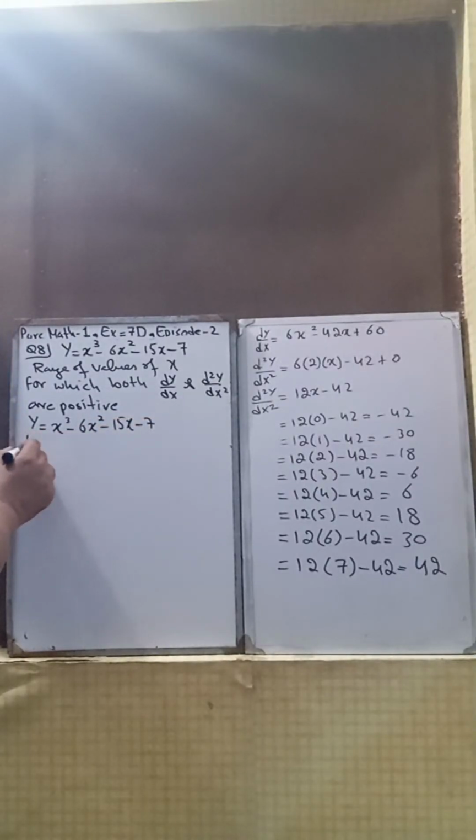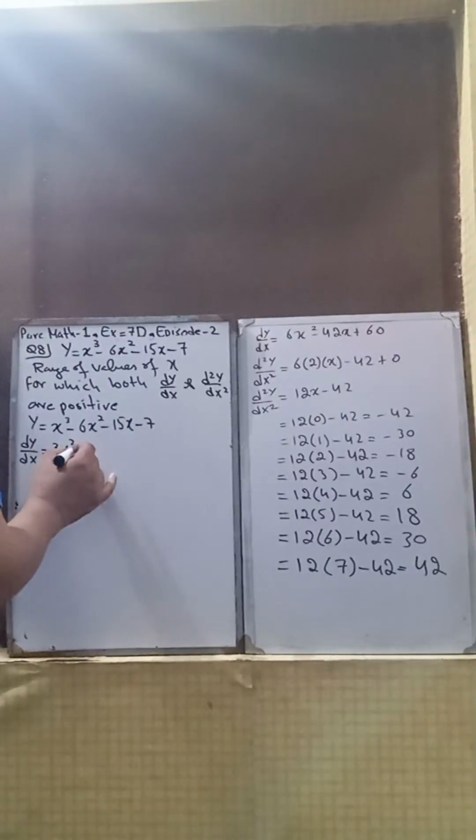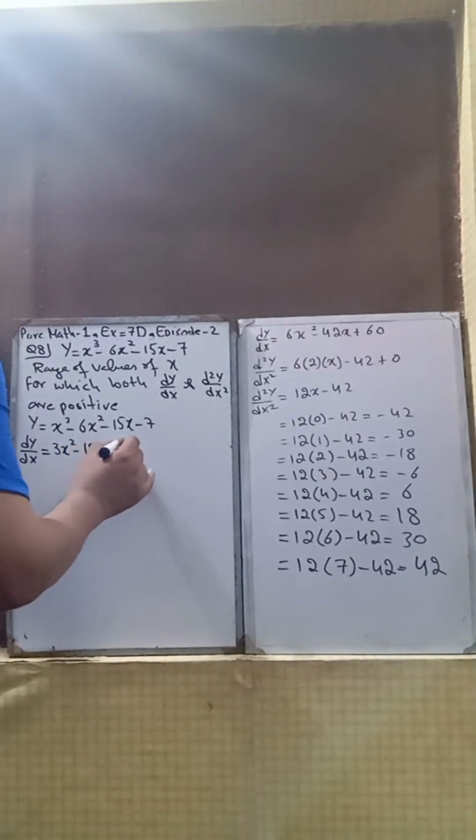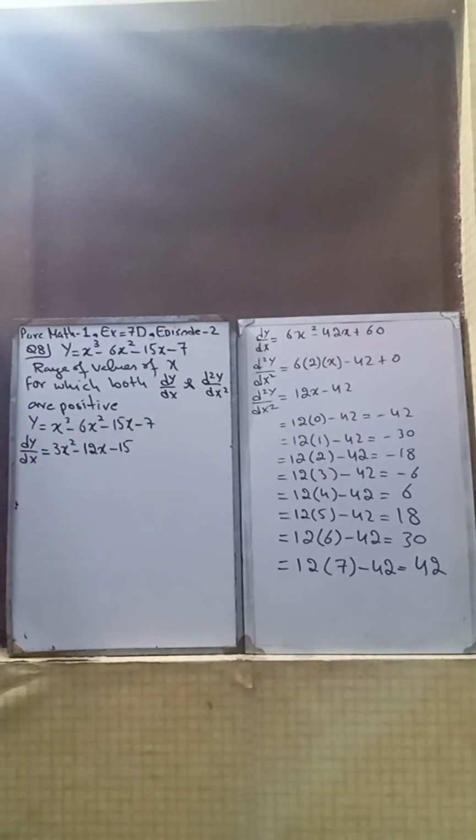So dy by dx will be equal to 3x square minus 12x minus 15, and the constant becomes 0. So this is my dy by dx, 3x square minus 12x minus 15.